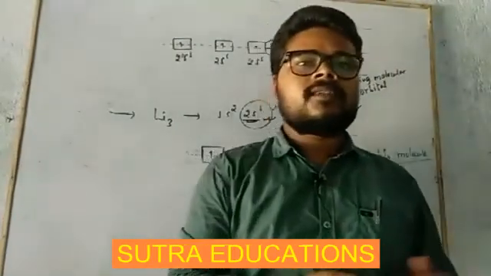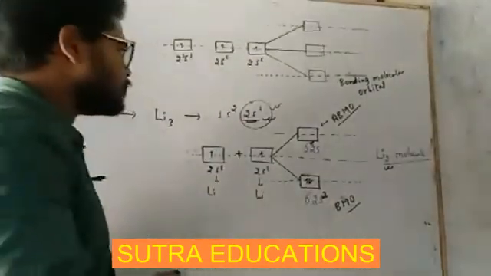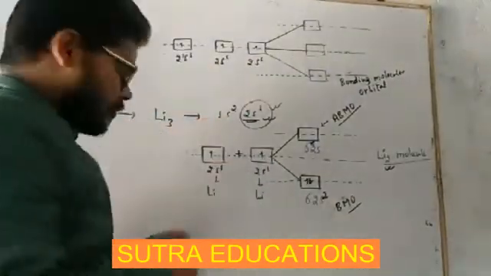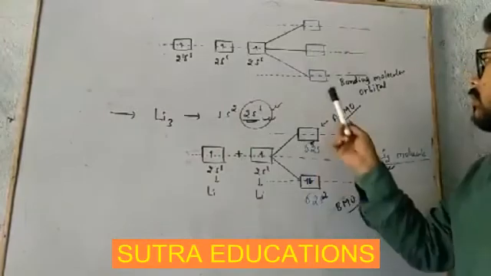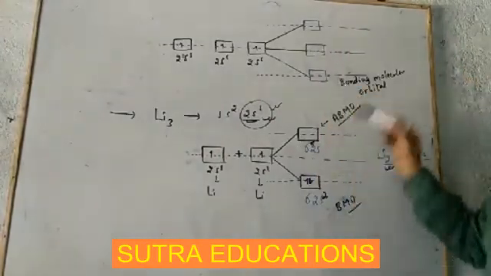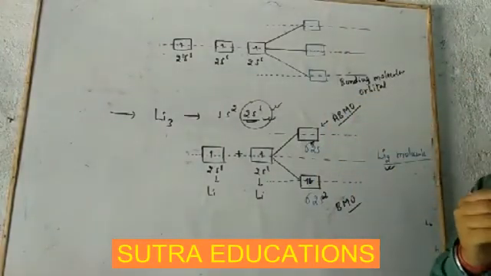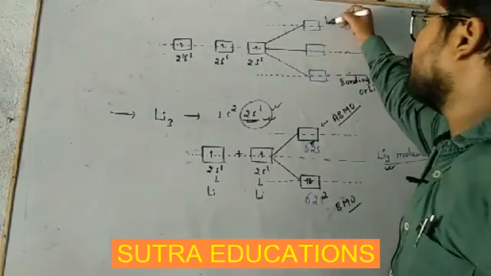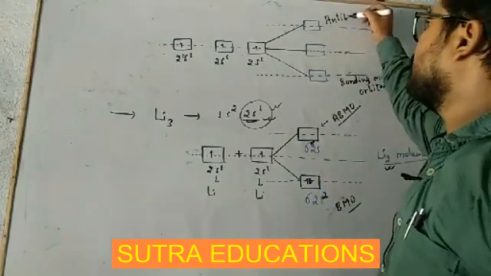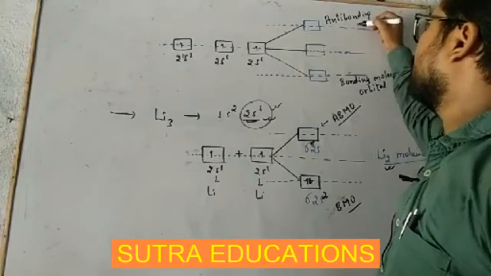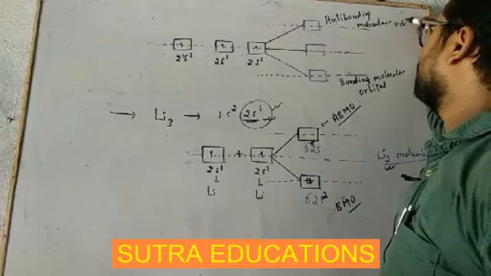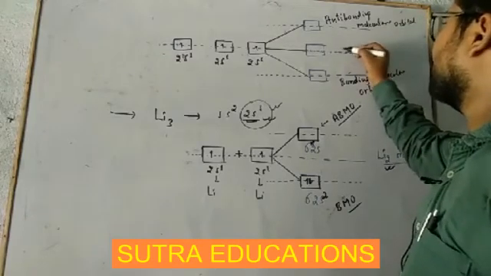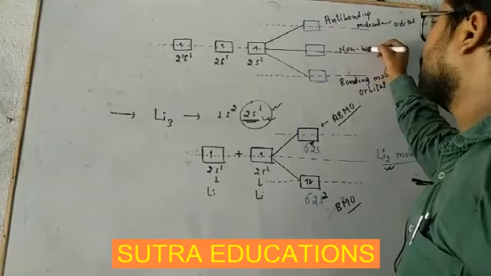Sorry for the disturbance. We were discussing that three atomic orbitals of lithium participate to form three molecular orbitals. The first, with the least energy, is the bonding molecular orbital, then this is the anti-bonding molecular orbital, and this is the non-bonding molecular orbital.